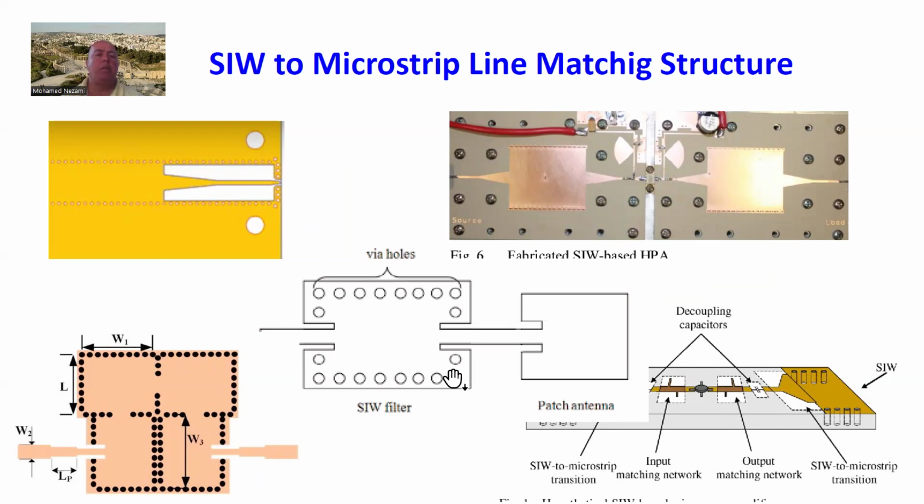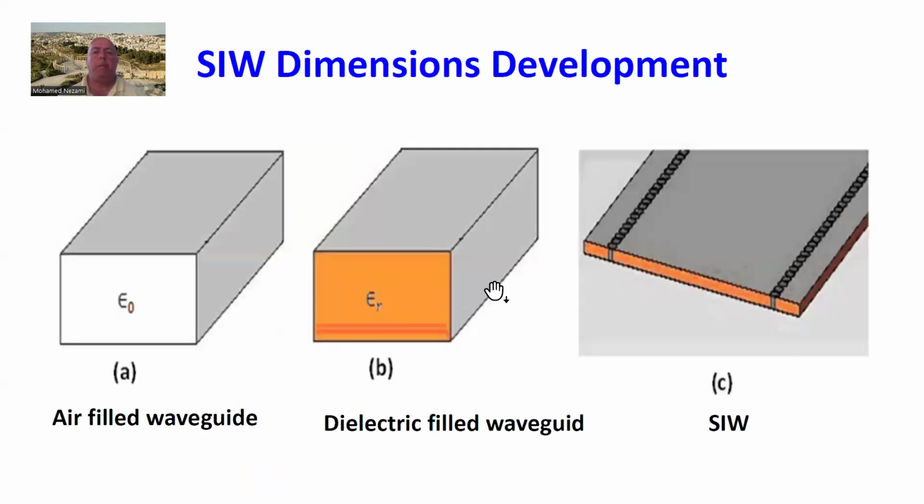So all of these, plus hundreds of various different forms that you might find in the publications, are where you would integrate a substrate integrated waveguide onto some other section.